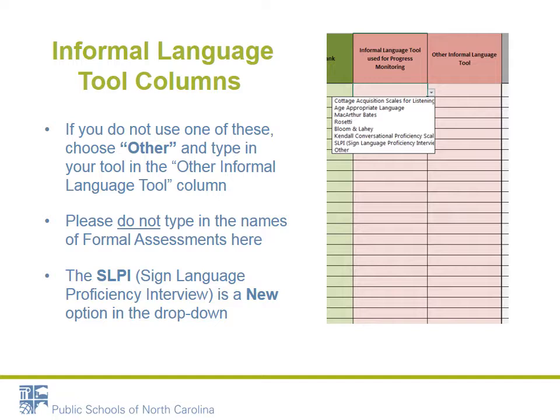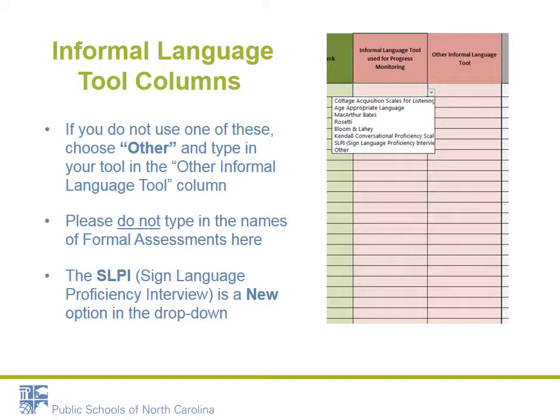In the Informal Language Tool column, please choose from the drop-down menu. If your informal tool is not listed, please choose Other and type it in the Other Informal Language Tool column. Again, if you are not sure if something is formal or informal, please ask your speech therapist or school psychologist.